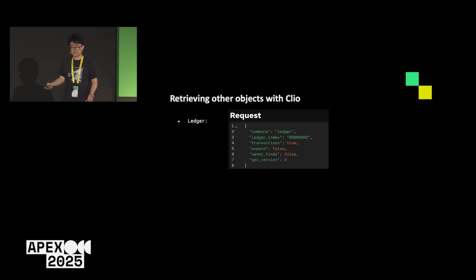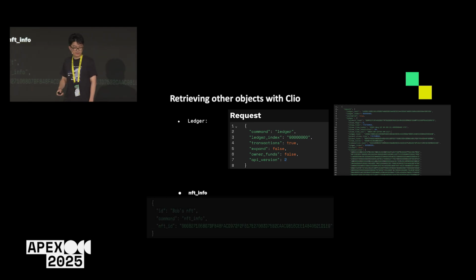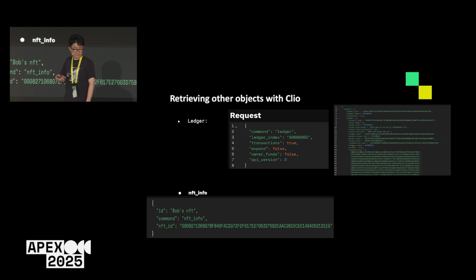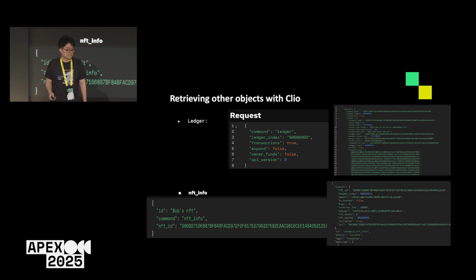You're just curious and you want to see that. Now, Clio is able to do that. And as you can see, a little bit small, but you're able to see all the hashes of the transactions. And you can query those hashes to see what every transaction is and what it contains. Clio also has something called NFT info, where you pass it in a particular NFT ID, and you're able to get all the information around that.